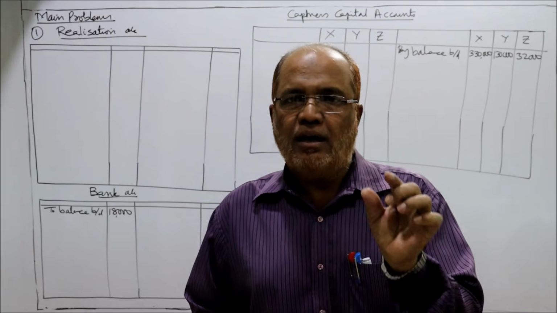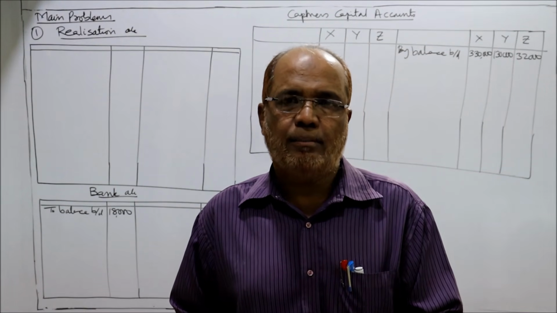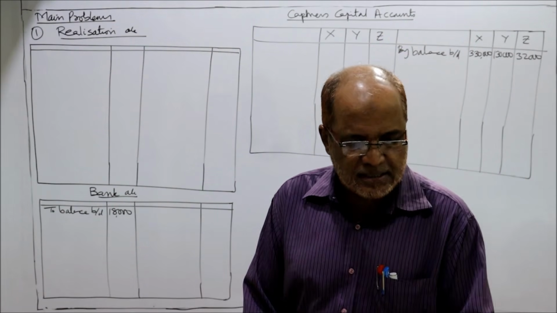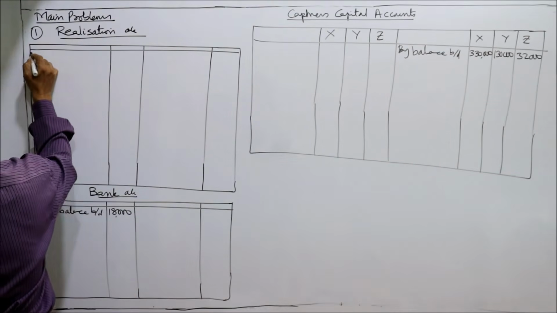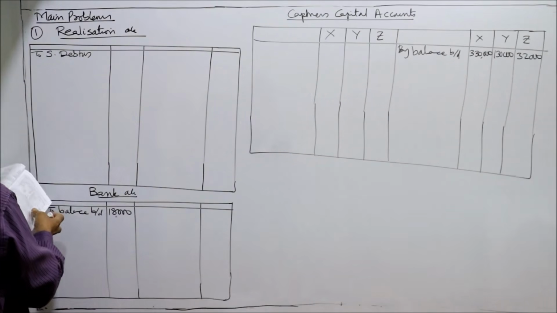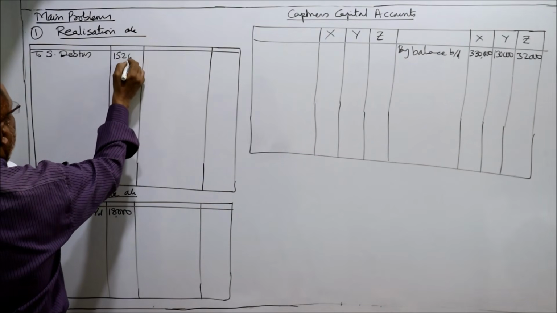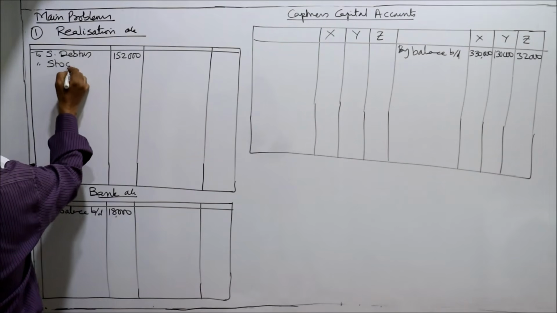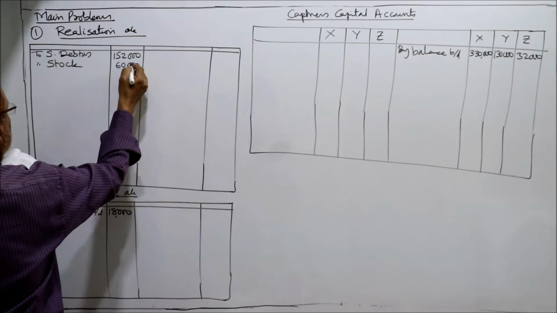The first entry, realization account debit to all assets accounts. Bank we will not take, as we have already taken it there. Except bank, what are the other assets? Sundry debtors. So realization account debit side: sundry debtors 1,52,000. Then we have stock, 60,000.